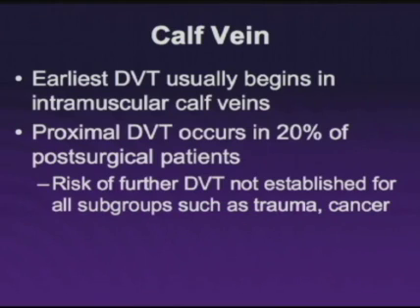The calf veins are becoming more and more important and getting to be part of people's understanding of deep venous thrombosis. As our imaging gets better, our ability to see these veins becomes easier. And of course, we can see that these veins are the earliest part of where clots are present.